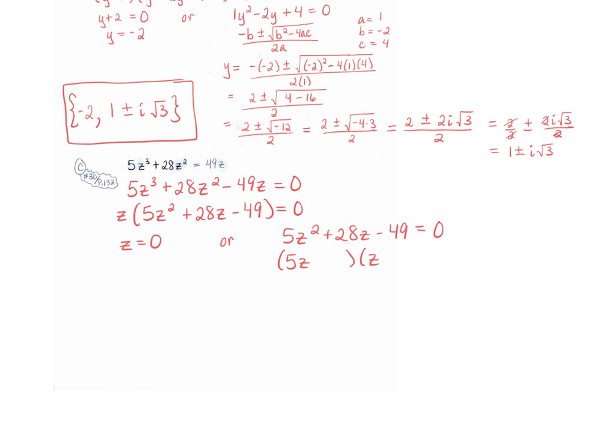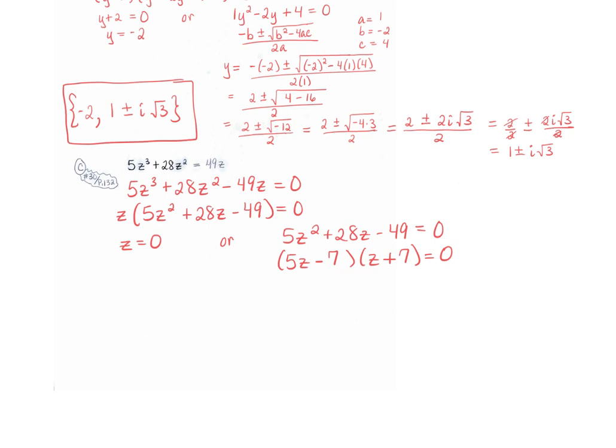So that would give us 5z minus 7 and z plus 7 equals 0. So just if you want to pause and check, you can pause and check. Remember, use the FOIL method. 5z times 7 is 35z, and then -7 times z is -7z. 35 minus 7 is 28. So that's how we know what we wrote is correct.